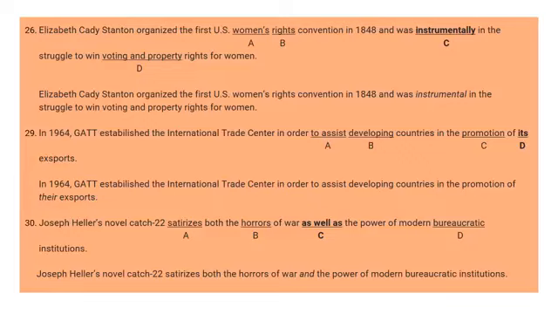Now let's go to the number 29. In 1964, GATT established the International Trade Center in order to assist developing countries in the promotion of its exports. My best answer is D. The word its in here must change to their, because we need a pronoun in this sentence.